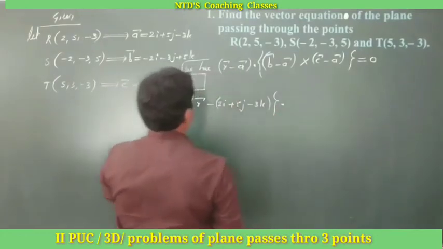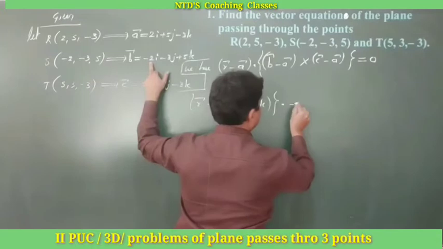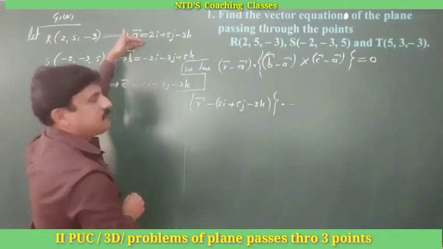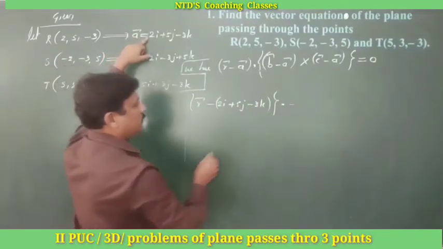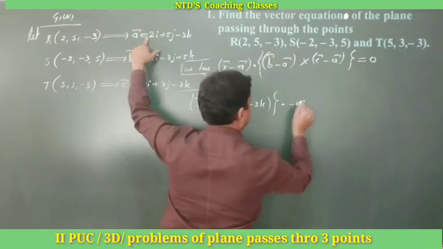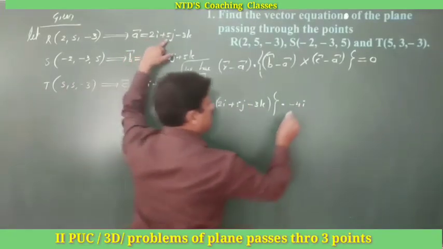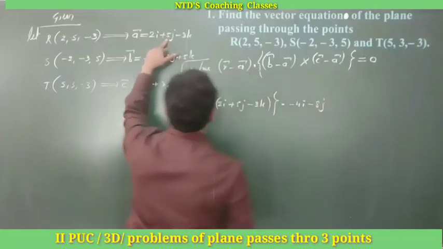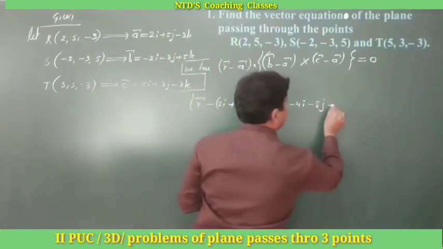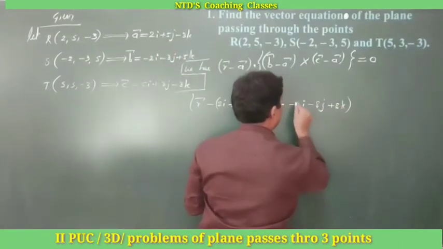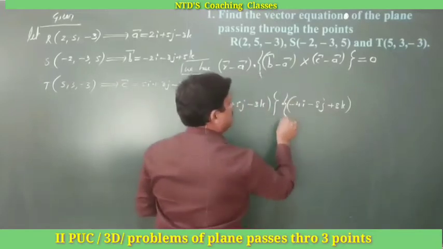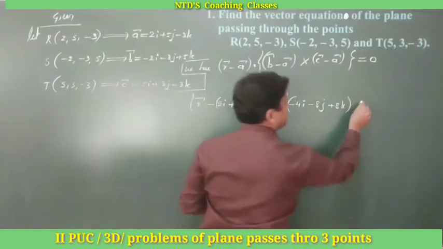B minus A, B in the A subtraction: minus 2 minus 4i, minus 3 minus 5 minus 8j, 5 plus 3 plus 8k. Bracket, flower bracket start, cross.